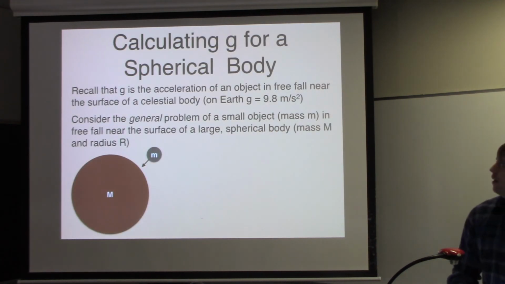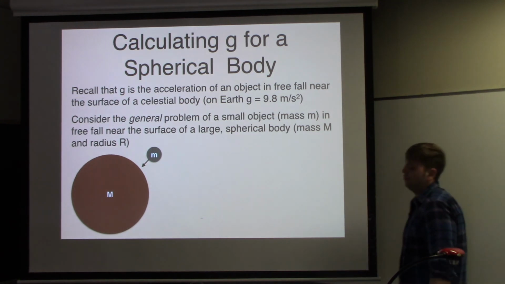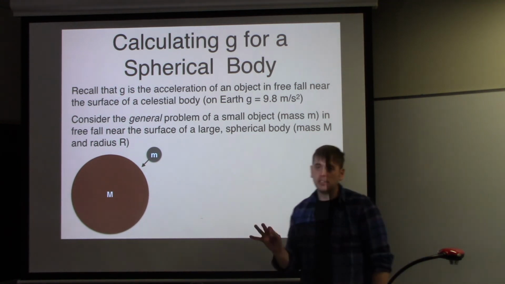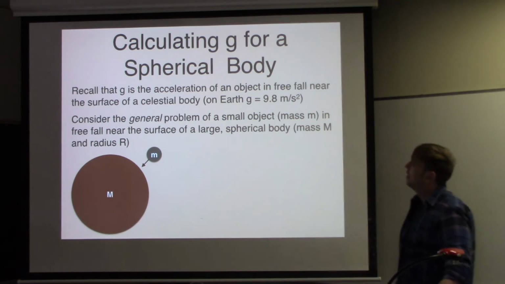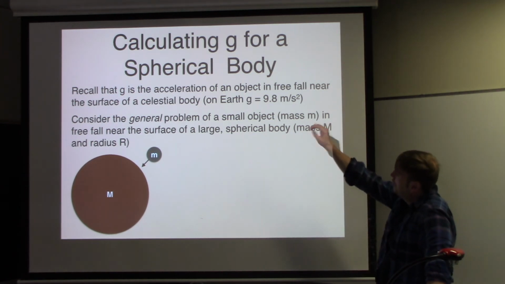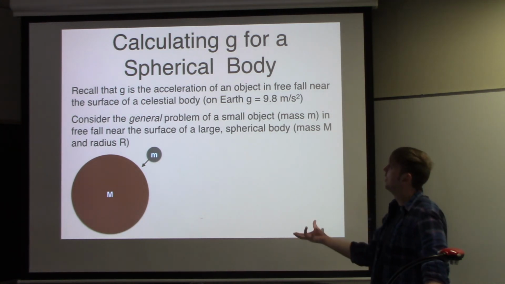So, in fact, we're not just going to get a way of doing this for the Earth. We're going to be able to do this for any kind of spherical body. Okay, so lowercase g, when we've seen it in our physics equations, remember what it means. It's the acceleration of an object in free fall near the surface of some kind of spherical body.